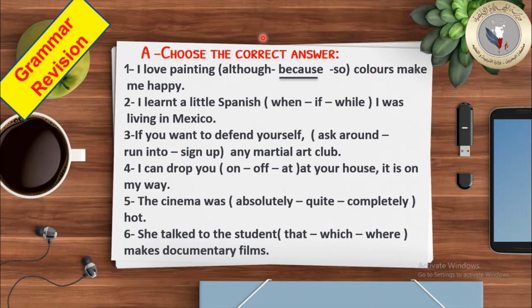If I exchange the two parts of the sentence, if I start by colors make me happy, and the second part would be I love painting. So this is what? A reason.